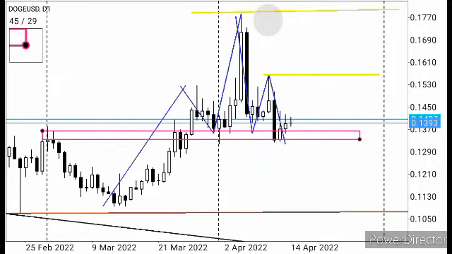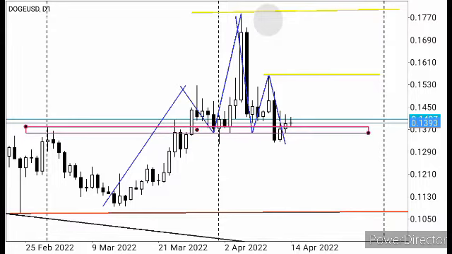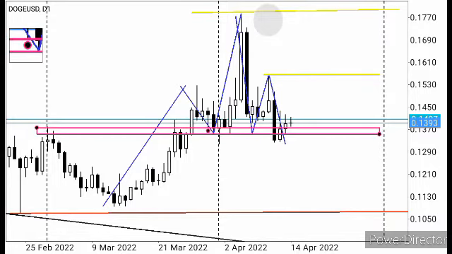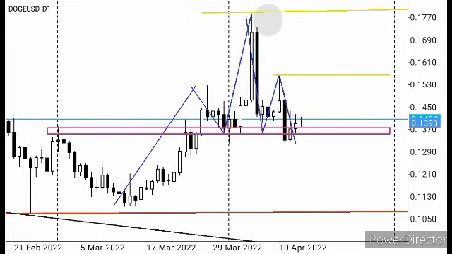Remember, guys, that support is not a line. It's an area where price bounced multiple times. It's not one price level like a 0.1393 level. It's a zone, so I can say this particular zone right here is my support area, right? Why do I say it's a very strong support area?